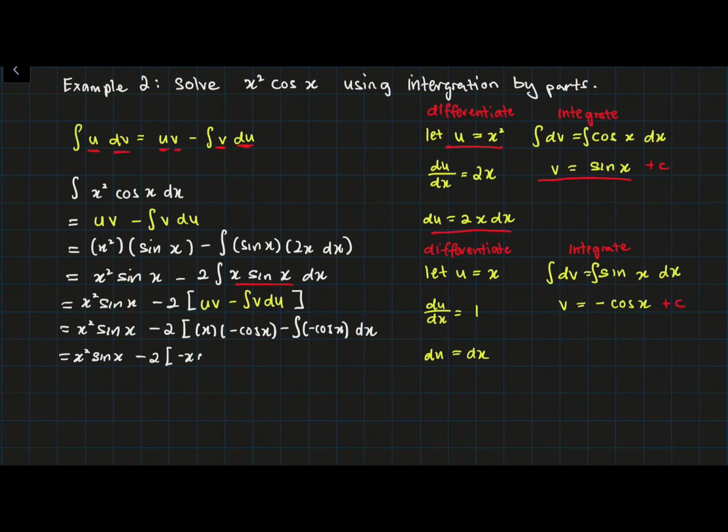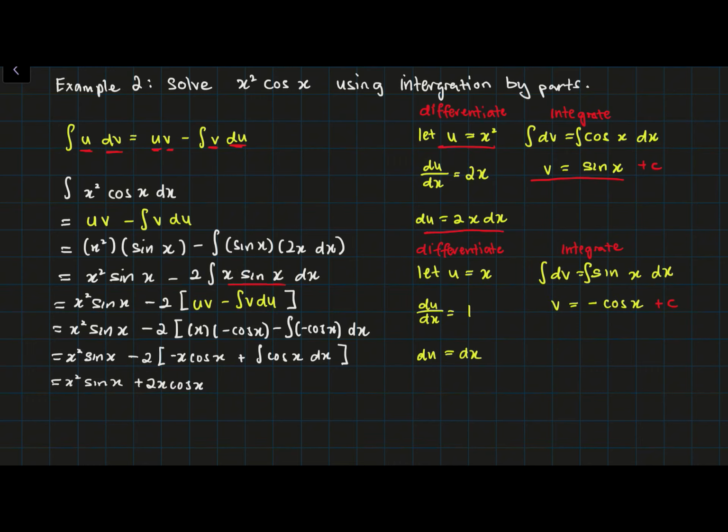It is negative cos x times x plus integral of cos x. The integral of cos x is sin x. So therefore the final answer is x squared sin x plus 2x cos x. And for the second term, it is positive sin x times negative 2. So therefore it becomes negative 2 sin x plus a constant.